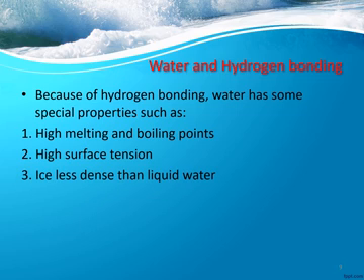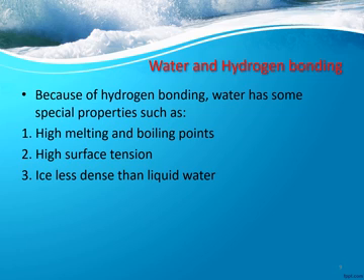Ice is less dense than liquid water. Why is it like this? It's because when liquid water is freezing, because of the hydrogen bonding, the molecules cannot get so close like in other substances. And in that case, some empty spaces will be left between the molecules of water when they are forming ice.